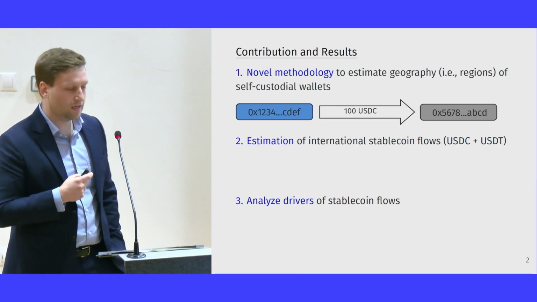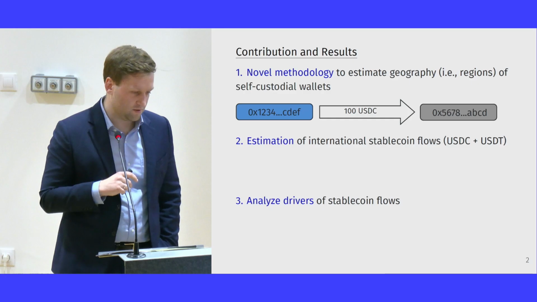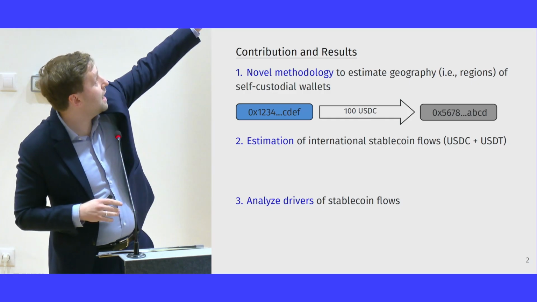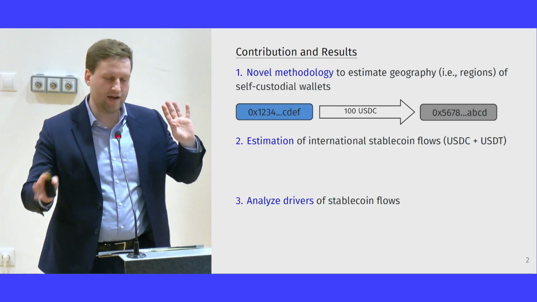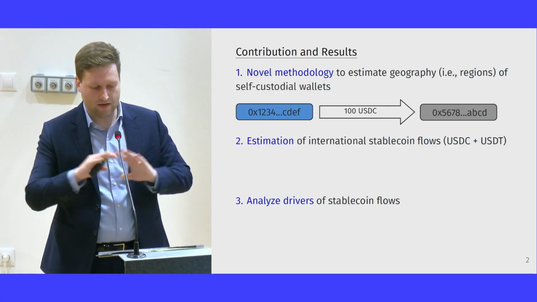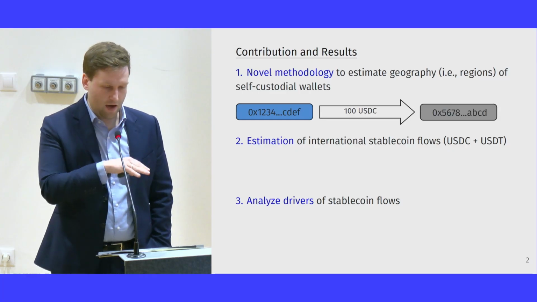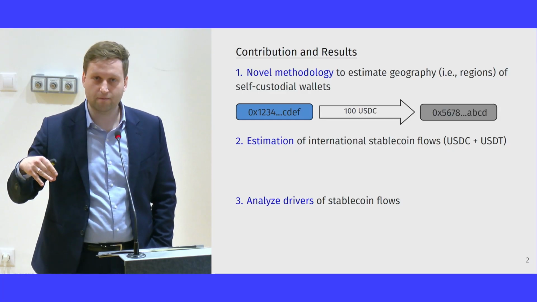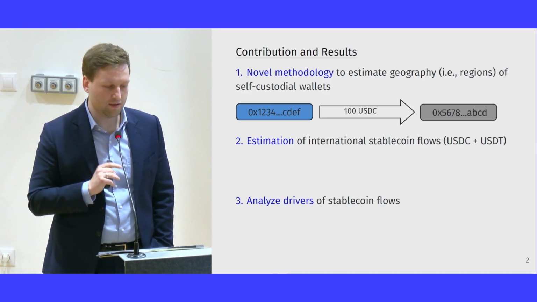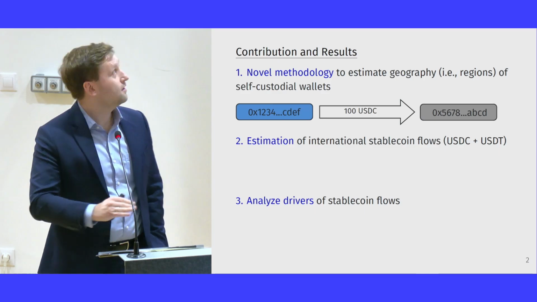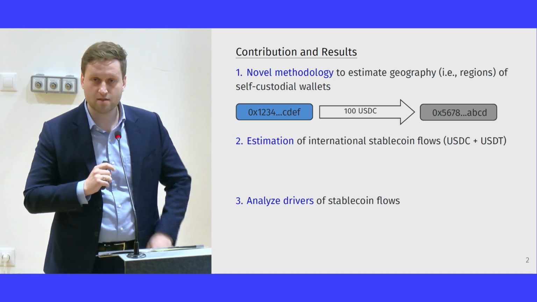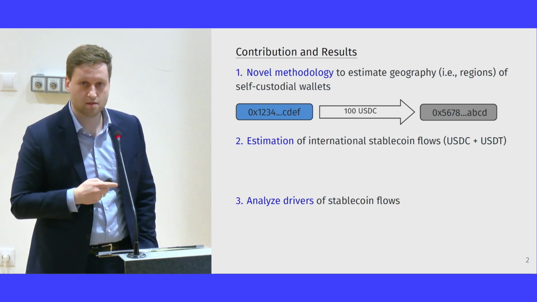So what you would typically see, and this is where the first contribution of the paper comes in, is a blue wallet, 0x1234 blah blah blah, and a gray wallet, 0x5678 blah blah blah, and $100 was sent from blue to gray. So the paper develops a novel methodology to estimate the geography of the blue guy and the gray guy, thinking in terms of geographic regions of these crypto wallets.